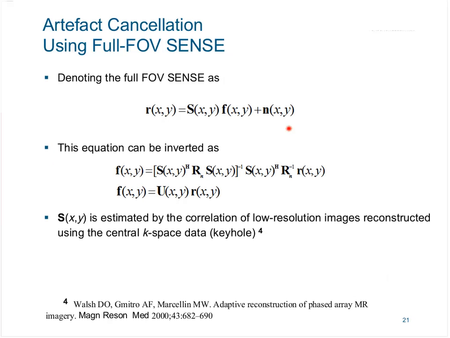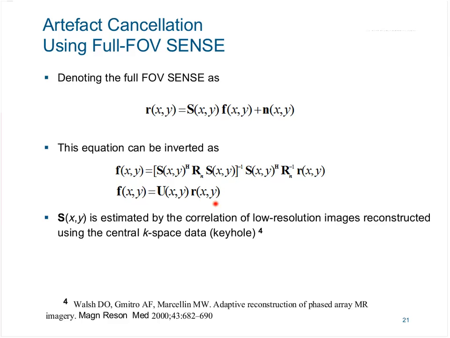In equation notation, we can write it like this. And if we invert it, because we are interested in finding the magnetization, it would be F is equal to the multiplication of the unmixing matrix and the data which we have acquired.